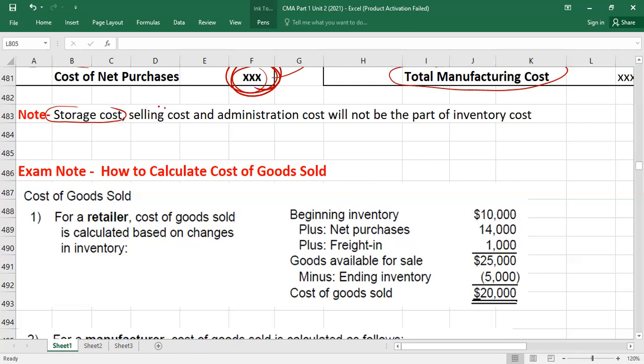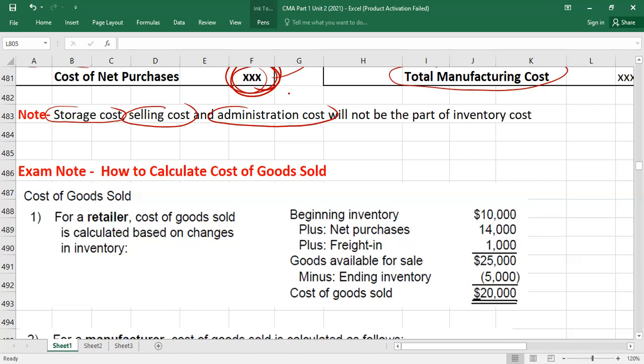Then you will also not include selling cost, because it is not necessary to bring the asset to its present location or ready-to-use condition. These costs are necessary to sell the product, like marketing cost. And please also note administration cost, like maybe you have an administration department, like the accounts department, HR department, or other administration departments. Their cost will also not be part of inventory.